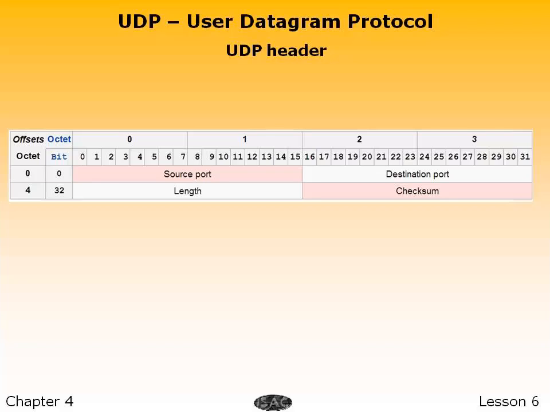Length: a field that specifies the length in bytes of the entire datagram, header and data. The minimum length is 8 bytes, since that's the length of the header. The field size sets a theoretical limit of 65,535 bytes.